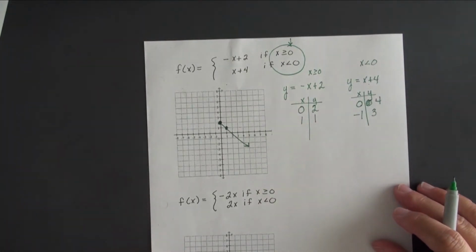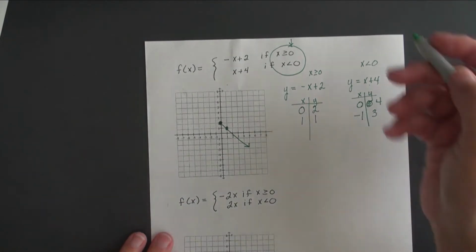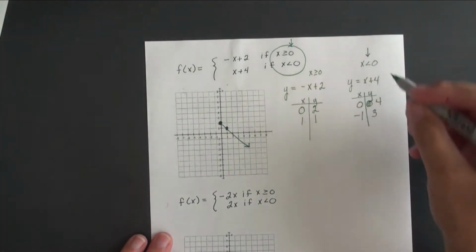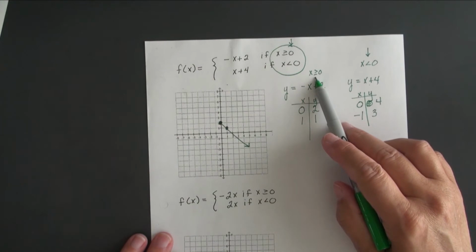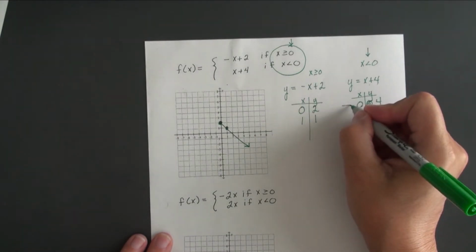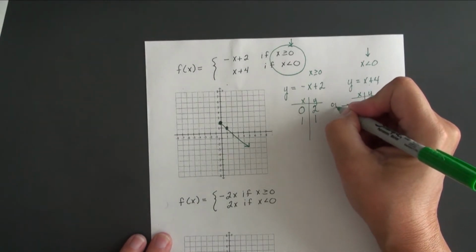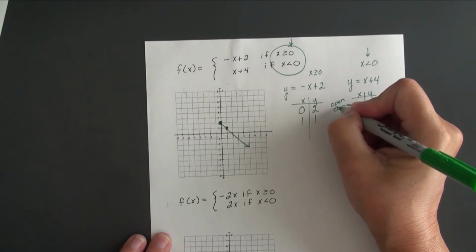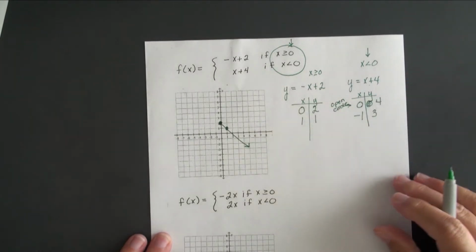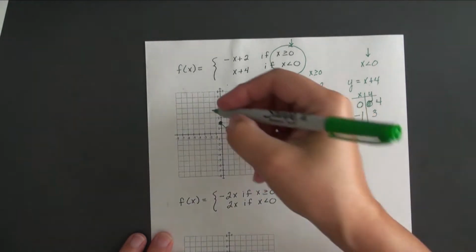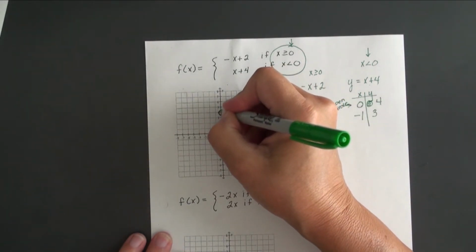Now the only thing you have to watch for is when we have a less than or a greater than without the line below it. At that number we have to have an open circle. So at 0, 4, I'm going to put an open circle.